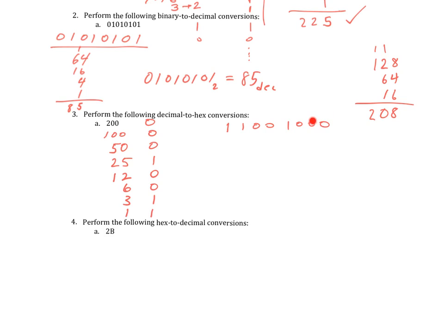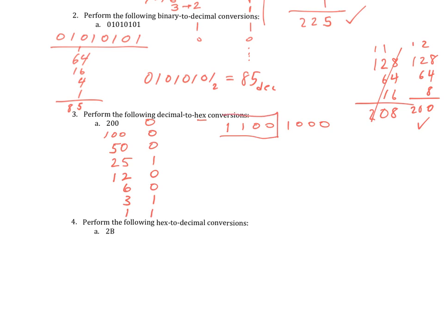This is the 1, 2, 4, 8's place, not the 16's place. 128, 64, and 8 is what I'm supposed to be adding here. 128 plus 64 is 192, plus 8 is 200. Okay, now it checks.